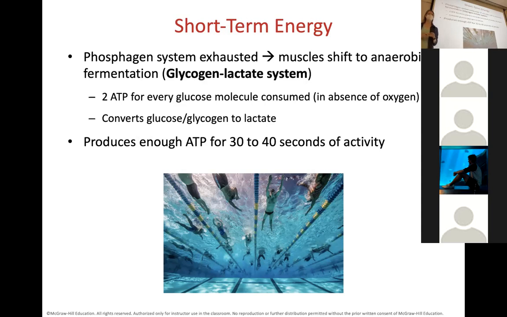I mentioned this on Wednesday, but that lactate is toxic in high amounts, so it needs to be disposed of and detoxified by the liver. So this process is creating something that needs to be gotten rid of by the body, that lactate. And it's also only producing 2 ATP for every glucose molecule that's consumed.